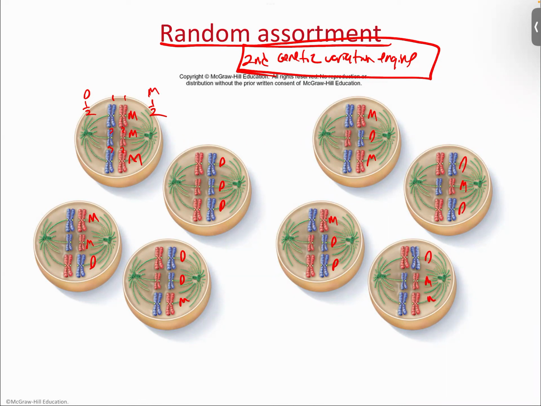So how many combinations can you generate just from this random assortment? A lot, right? Does that give you variation? Sure it does. Because if you're this one right here, then this cell over here is going to get predominantly mom chromosomes. This one over here is going to predominantly get dad chromosomes. So in some cases, this could help you.